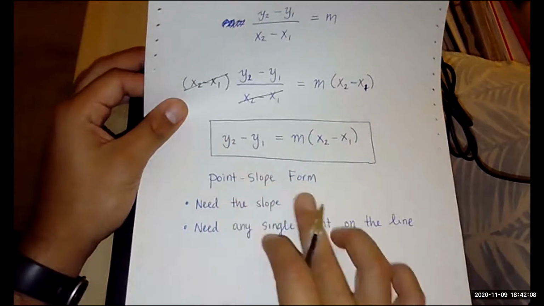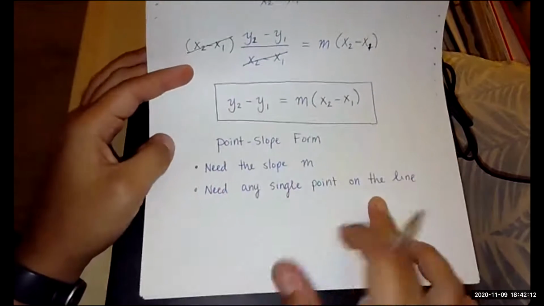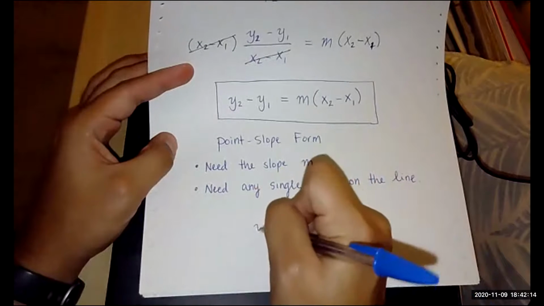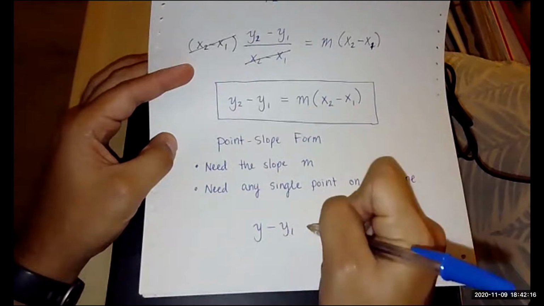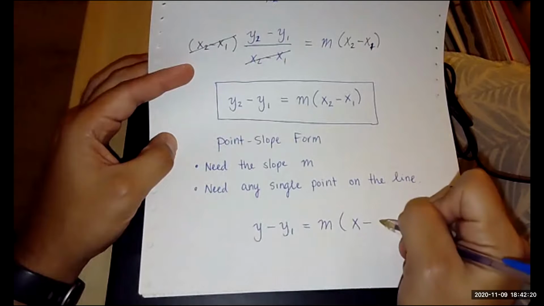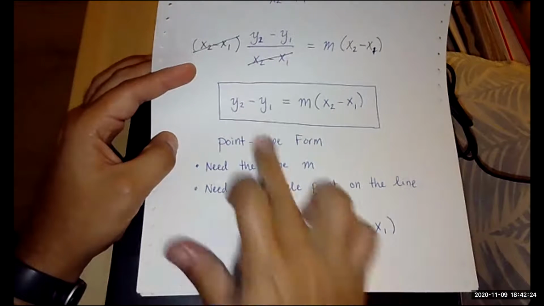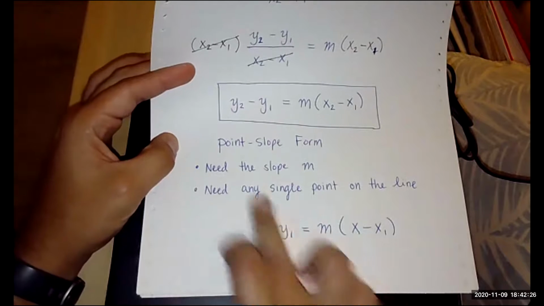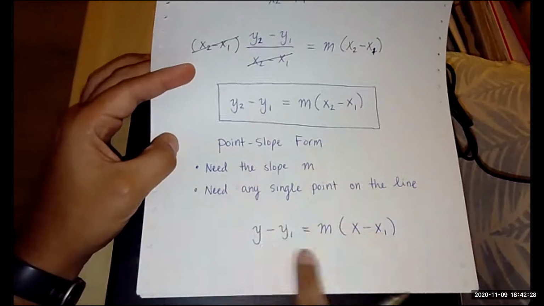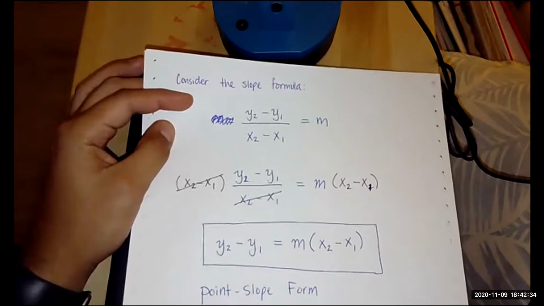Usually they'll drop the subscript of 2, and they'll write point slope form as y minus y1 is equal to m times x minus x1. But this is fundamentally the same thing. The point slope form equation is related to the slope formula that we've already been working with.